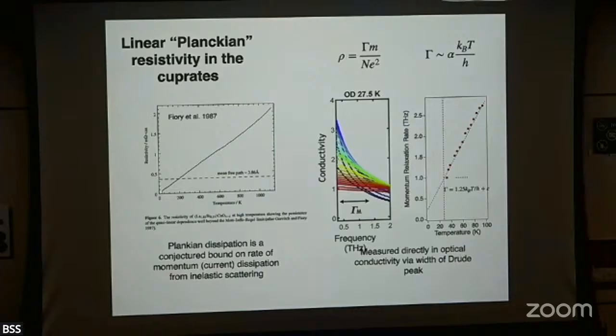And lo and behold, people get numbers which are almost exactly 1. We don't have to do that. For this particular data that I showed you, it actually turns out to be 1, but there seems to be a doping dependence to it, and there's a recent paper of ours which talks about this.